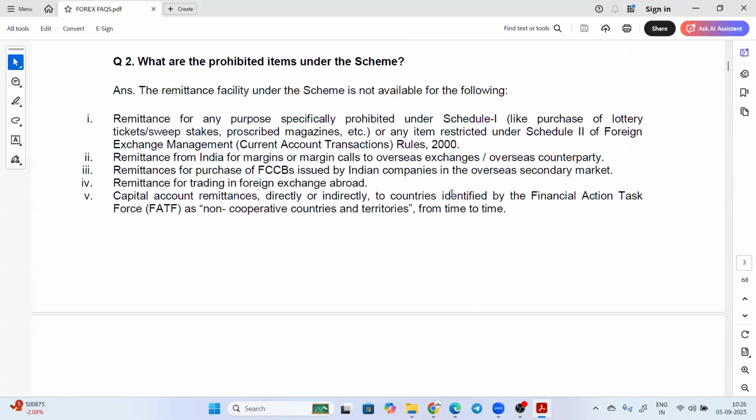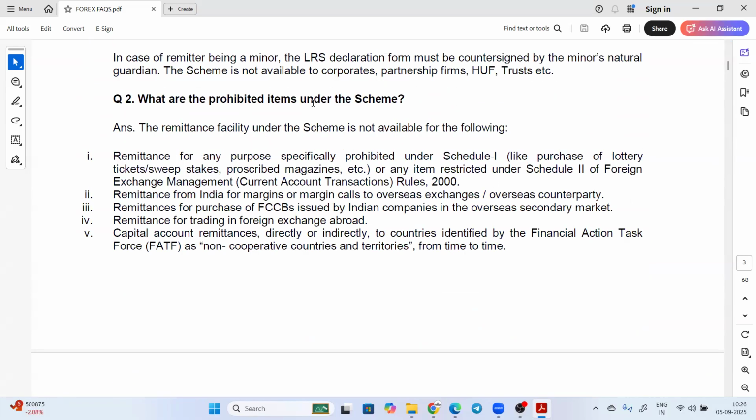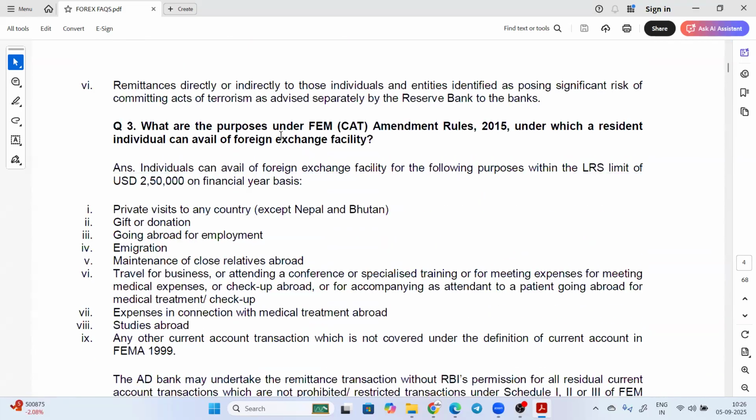In the last part we finished the prohibited items under the scheme. Now we will be discussing the purposes under the FEMCAT Amendment Rules 2015, under which a resident individual can avail of foreign exchange facility.